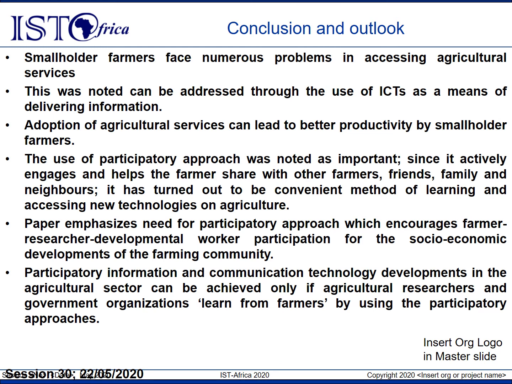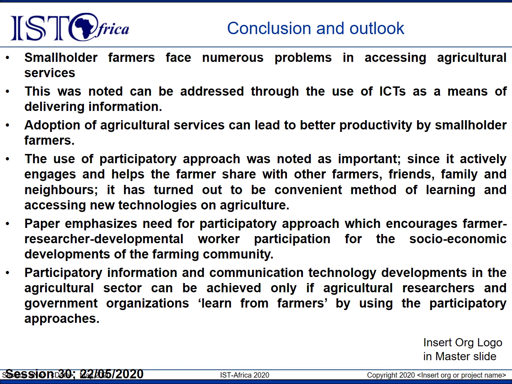Conclusion and outlook. Smallholder farmers face numerous problems in accessing agricultural services. This was noted can be addressed through the use of ICTs as a means of delivering information. Adoption of agricultural services can lead to better productivity by smallholder farmers.